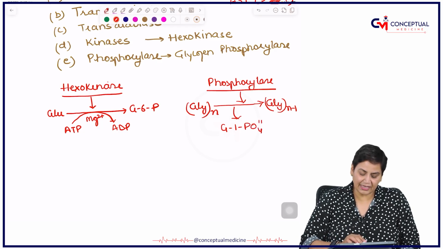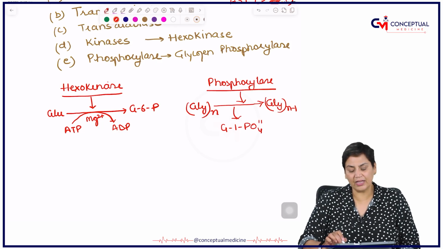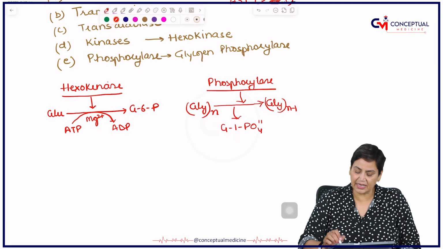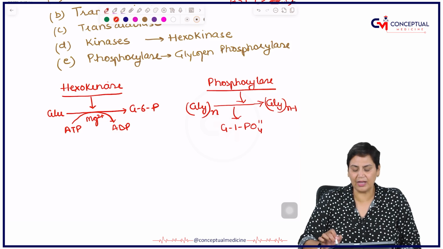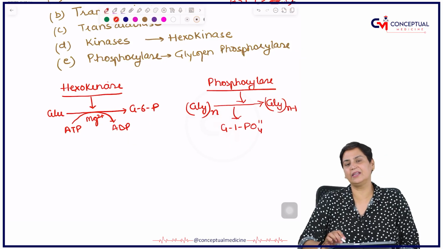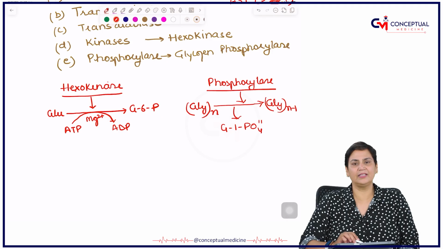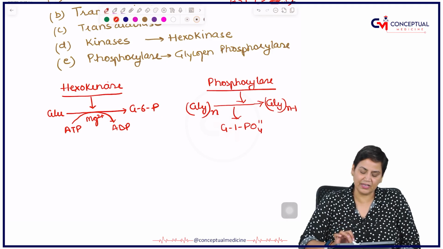So you can see that in hexokinase simple attachment of phosphate is there. In phosphorylase, there is transfer of inorganic phosphate, which comes out like this. That is why glycogen phosphorylase is the rate limiting enzyme of glycogenolysis, and hexokinase is the rate limiting enzyme of glycolysis, where increased concentration of glucose 6-phosphate starts inhibiting its own production. So this is the basic difference.